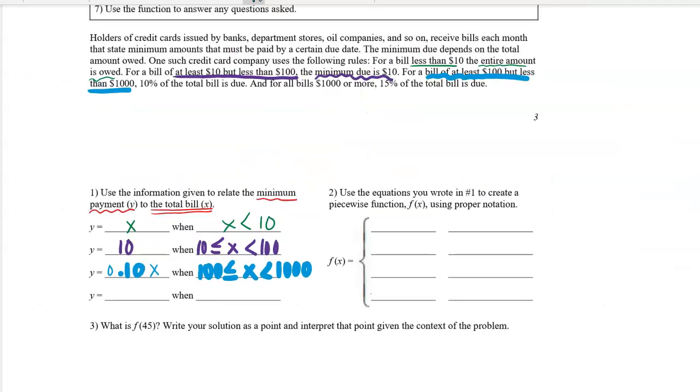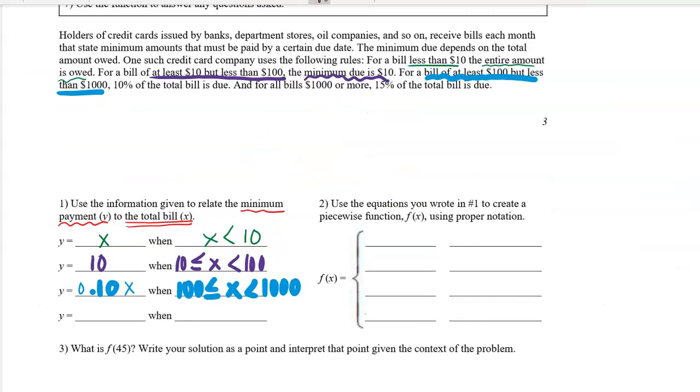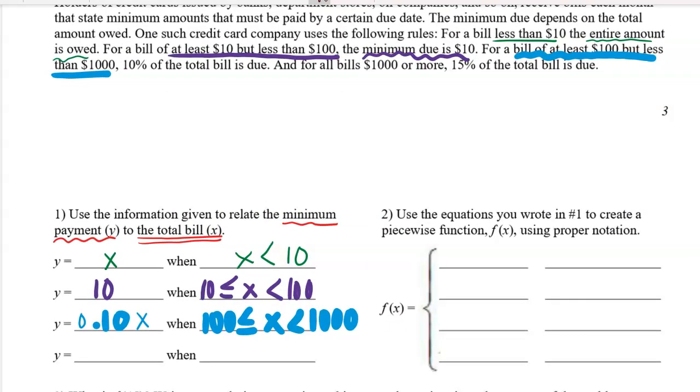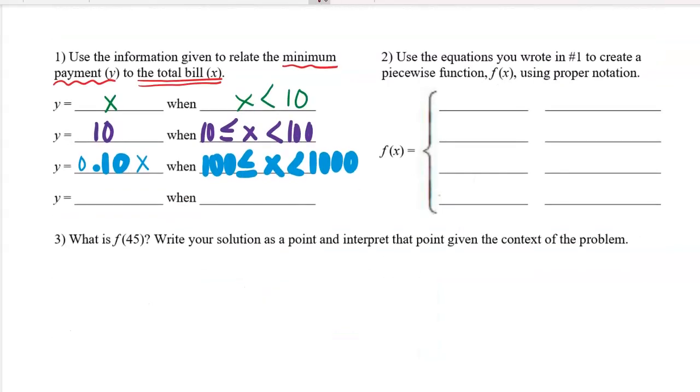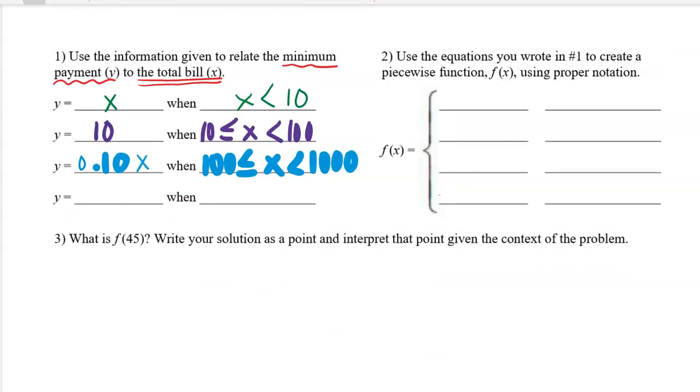All right, last line, we'll go use rainbow. And for bills $1,000 or more, it's going to be what percentage? How much is due? 15. Okay, so the restriction for the domain, Chris, how do we write the restriction for the domain?